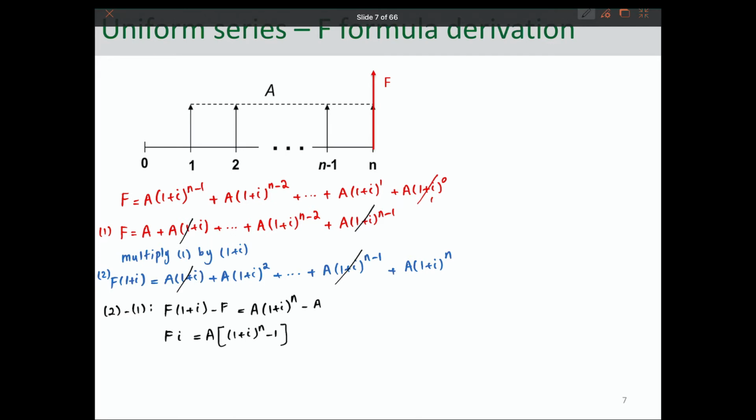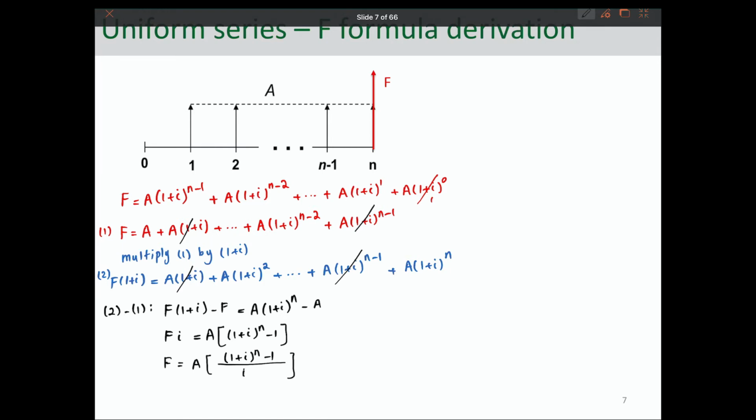And as the last step, f would be equal to a times 1 plus I to n minus 1 divided by I.